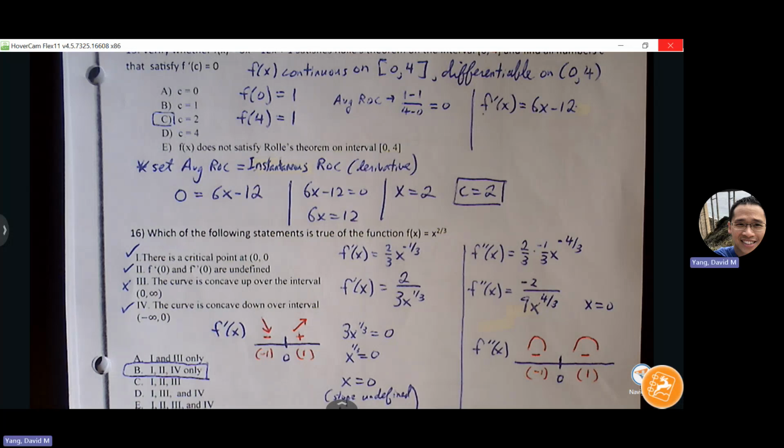And remember, when you're finding critical points from either f prime or f double prime, you're considering both the numerator and the denominator, right? Let me know if there's a particular problem you want me to go over in detail with you.